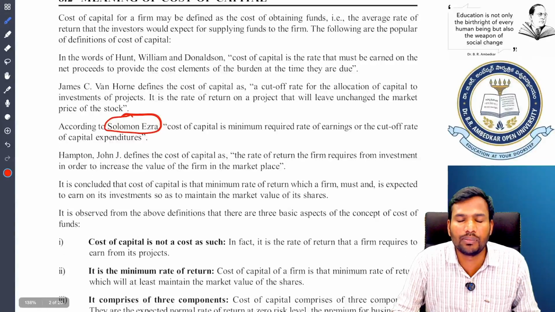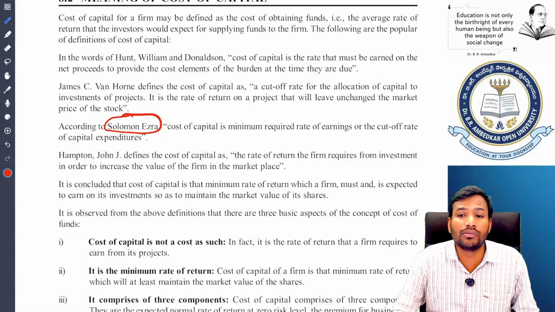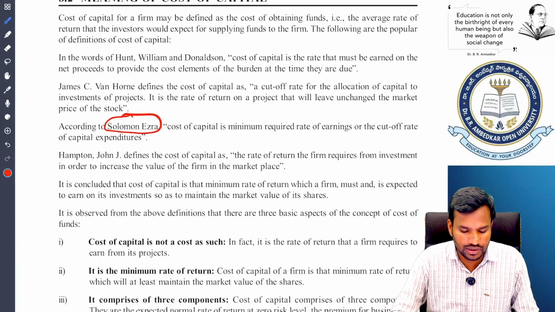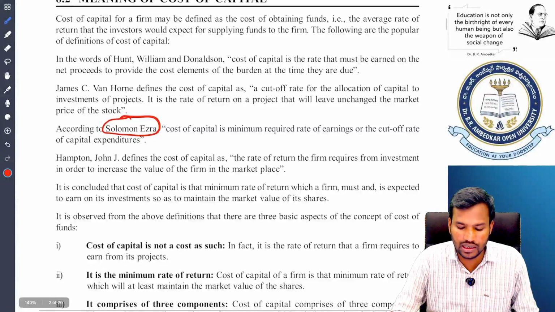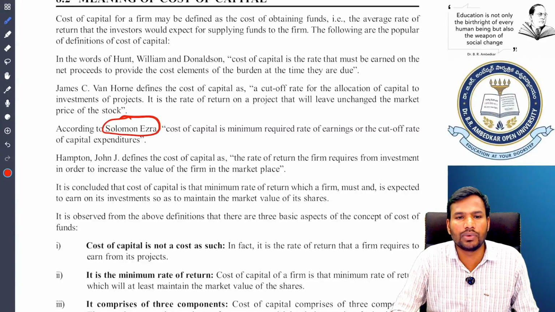In case the company fails to generate the minimum cut-off rate on its capital expenditure, this may lead to problems. According to the definitions, cost of capital is the minimum required rate of earnings or cut-off rate of its capital expenditures.